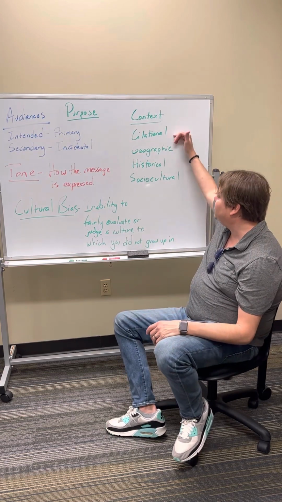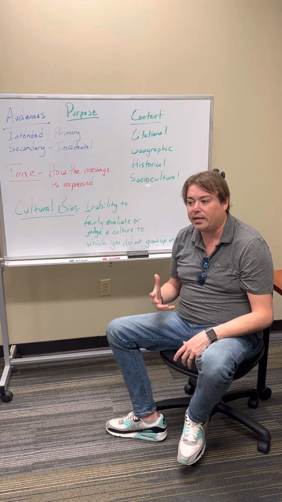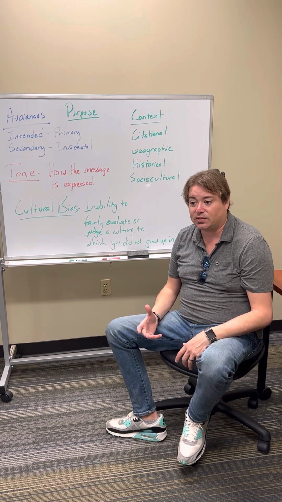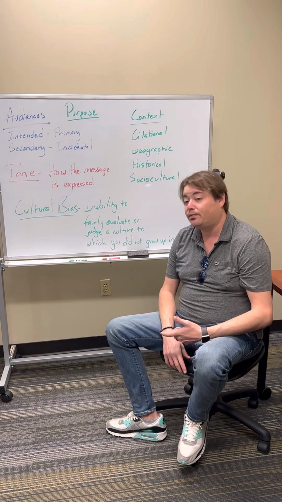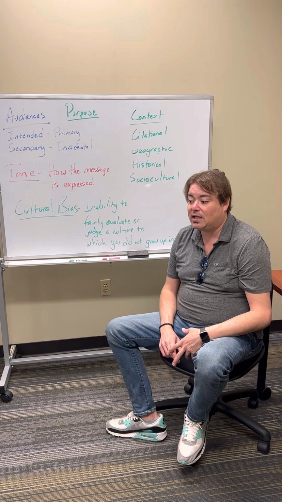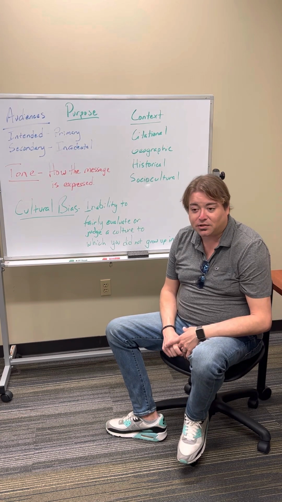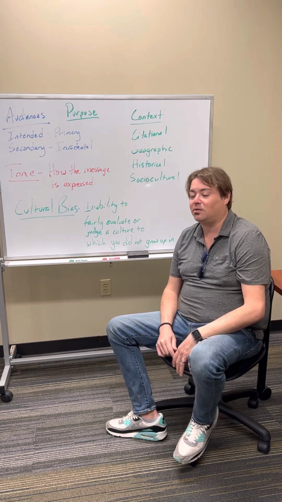So citational has to do with the medium. So what is the medium that they're expressing themselves through? Is it a film? If so, is it fictional or non-fictional? Is it a music download, or if you're really, really ancient, CD or vinyl or something like that?